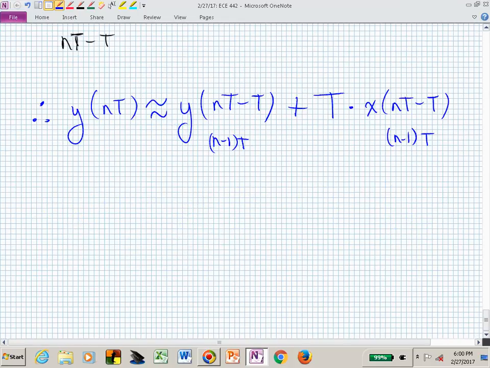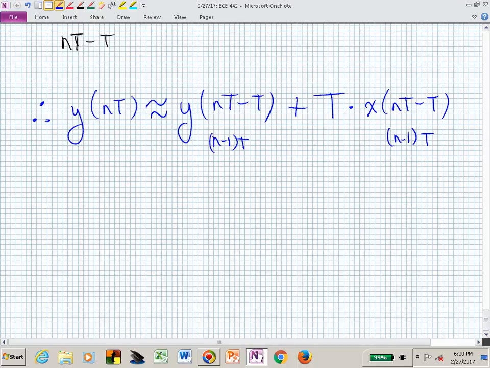What are we doing? If somebody gives you a waveform, x of t, and you sample it at capital T instances of time, now you could find the area underneath that by using this difference equation. If you start at time 0 and say that we don't have any area at 0, then you know how to initialize this difference equation. But do you see that there's memory built in?